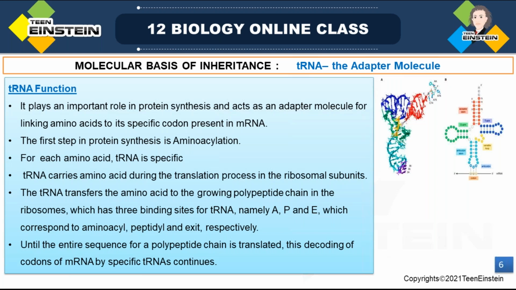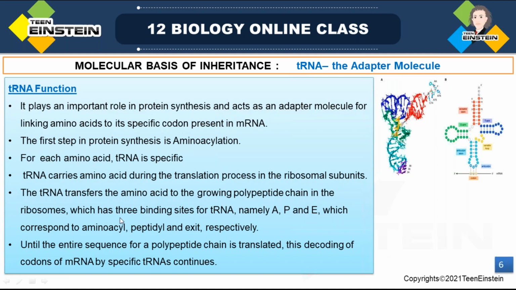Got it? So, the function of tRNA: it plays an important role in protein synthesis and acts as an adapter molecule for linking amino acids to their specific codons present in mRNA. The first step in protein synthesis is amino acylation. Note down, the first step is amino acylation. For each amino acid there is a specific tRNA, and this tRNA carries the amino acid during the translation process to the ribosomal subunit.